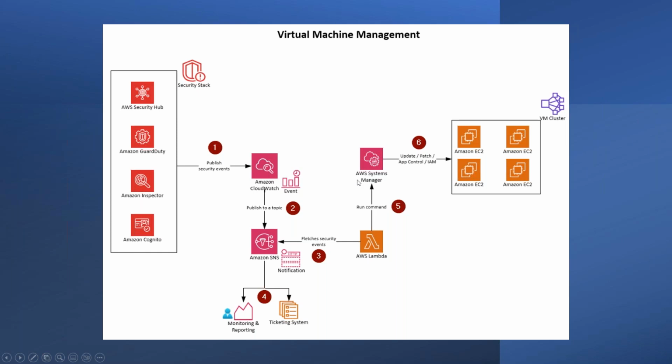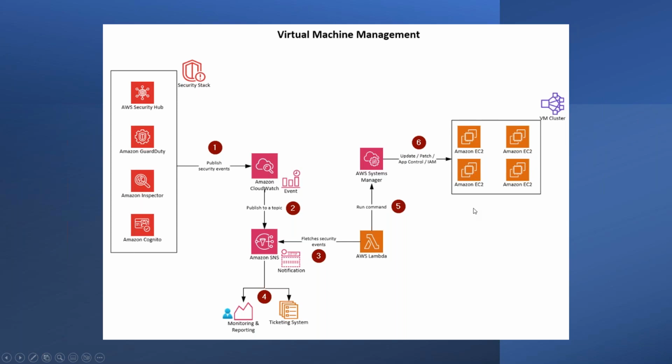AWS Systems Manager is a service that allows you to securely manage your infrastructure in the AWS Cloud. That will allow you things like updating, patching, application control, and even incident and identity and access management, or changing credentials on an endpoint.